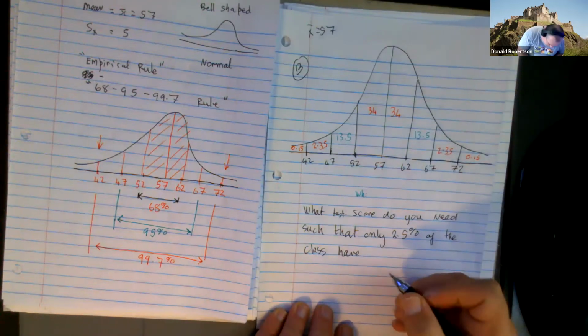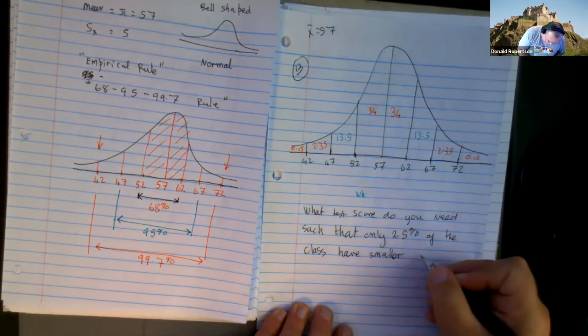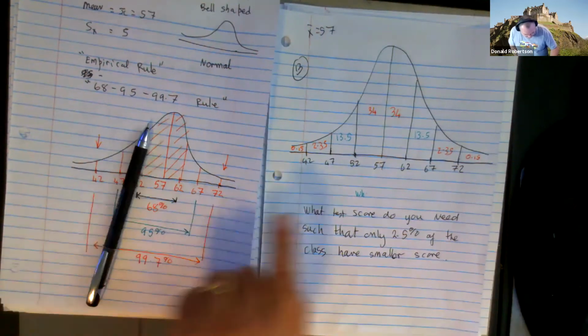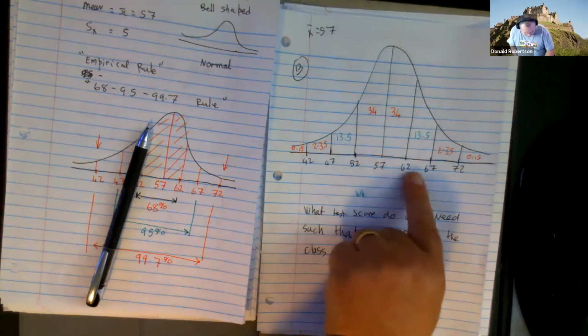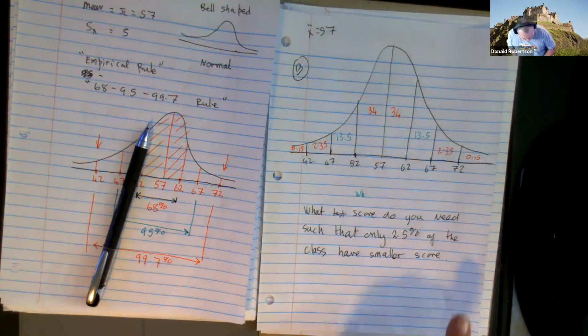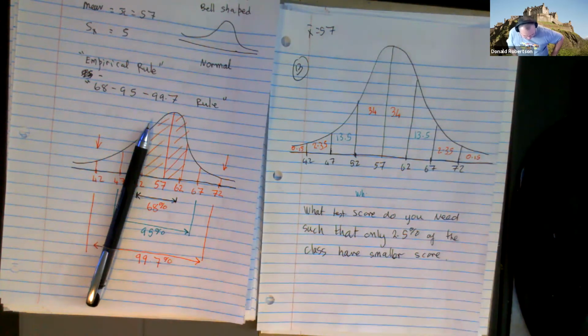Lower or smaller? Smaller. Has a smaller, I would probably say lower, has a smaller score. So we want to know which one of these scores, because it's going to be one of these numbers in the bottom, right? 72 or 62 or 47. Which one of them would you need so that only 2.5% of the class had worse than you did?